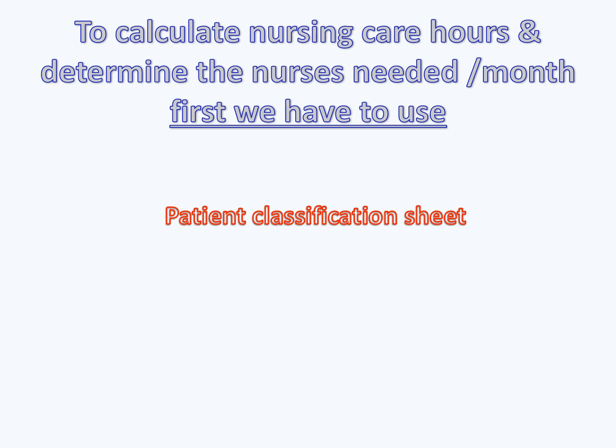And now, to calculate the nursing care hours and determine the nurses needed per month or per day, first we have to use the patient classification sheet. This sheet, we would apply it in the clinical setting. And now we are going to take an overview of this sheet and a hypothetical situation of how to apply it.